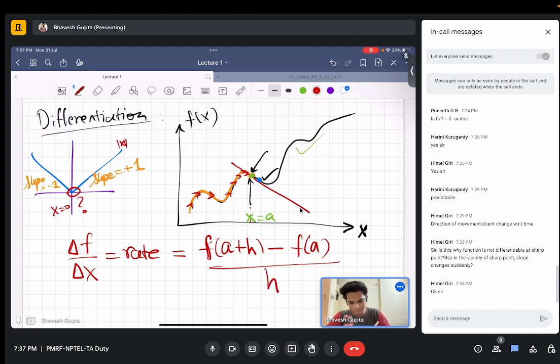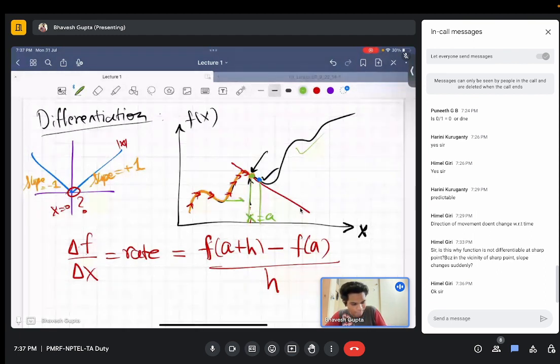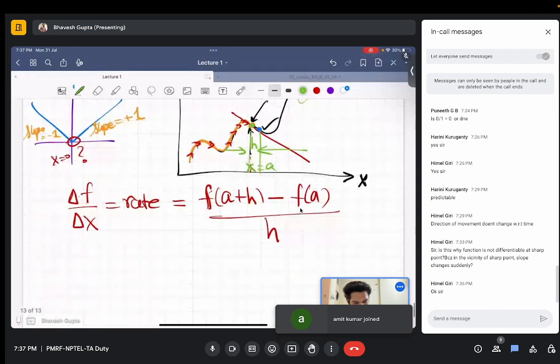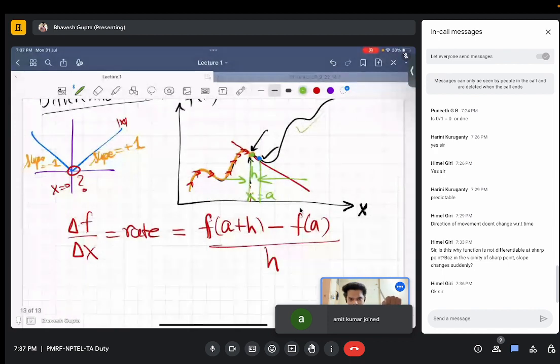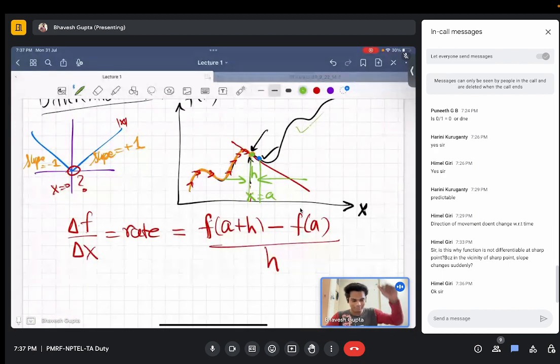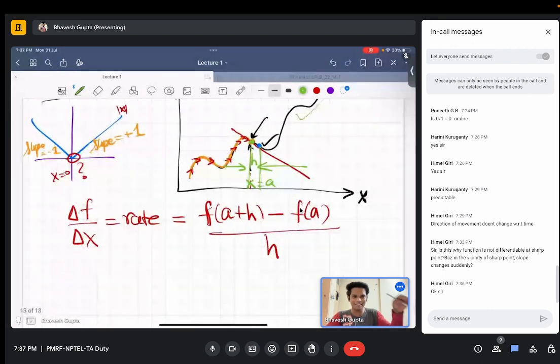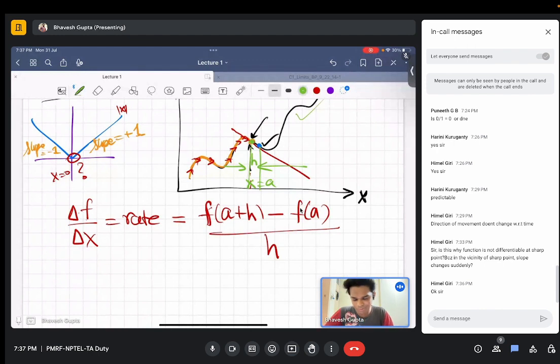Now let me tell you what this h is. So this h is basically, see, we have these two lines, right? So the gap between them is h, right? So what I have is the value at the blue minus the value at the green, divided by h. This is the rate at x equal to a, right? That's the rate of change at x equal to a.